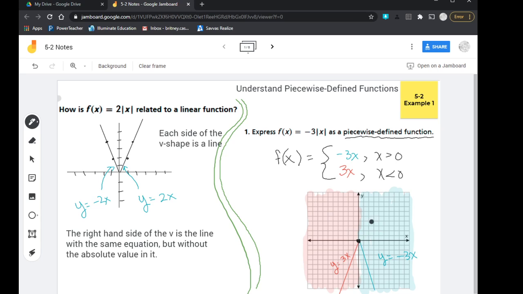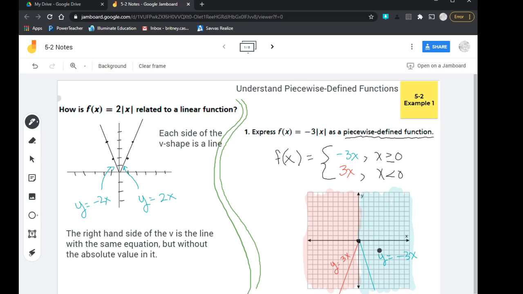All right, we need to describe that within our domain because there's certainly a value there. Now it doesn't matter if I say x is greater than or equal to 0 here, or x is less than or equal to 0 here, because either way, if I plug in a 0 into these functions, I would get 0 coming out. Alright, so in this case where they meet, it doesn't really matter.